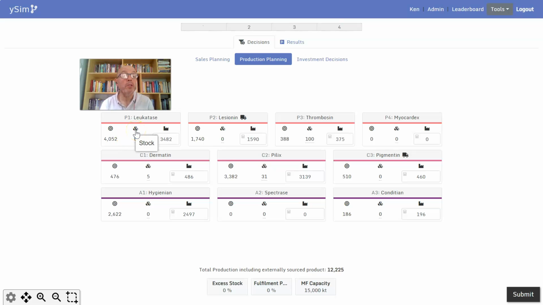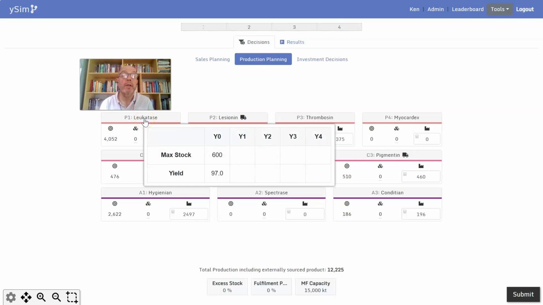We hold no stock at the minute, and then we have to put in a production forecast. How much do we need the factory to produce? And our capacity is on site. We've 15 kilotons in the first year capacity. That capacity can change as you acquire more capacity or things happen in the simulation.